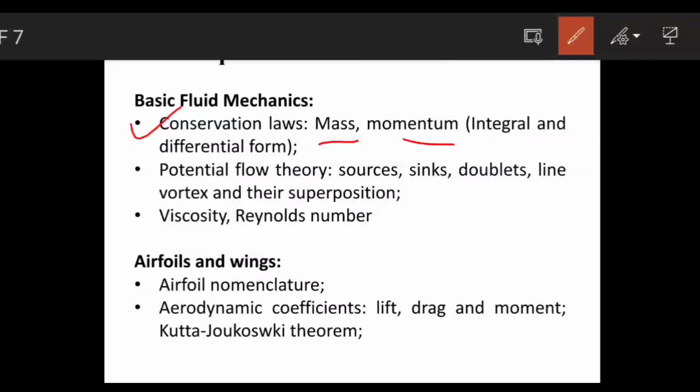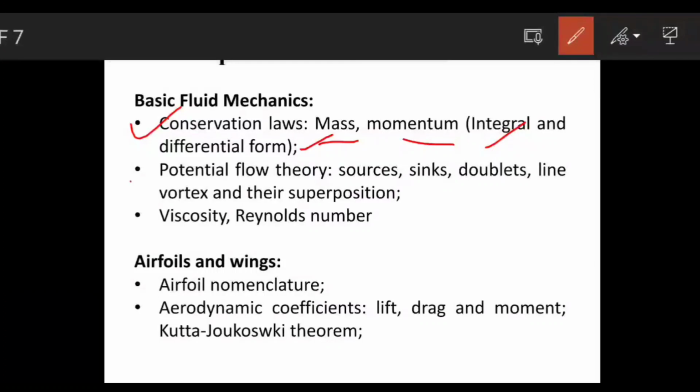Otherwise, you can easily complete this content in aerodynamics one. It is not a big deal. It's a very simple conservation law of mass and momentum in integral and differential form.